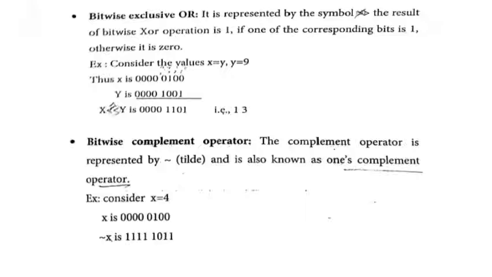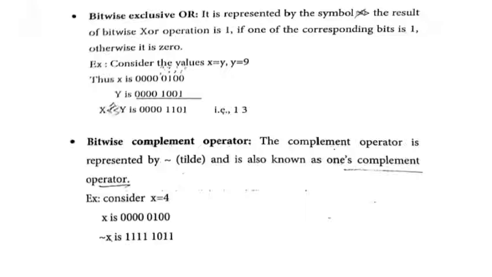X is 0 0 0 0 0 1 0 0 and y is 0 0 0 0 1 0 0 1. If I use x cap y, the result is 0 0 0 0 1 1 0 1. The answer is 13.